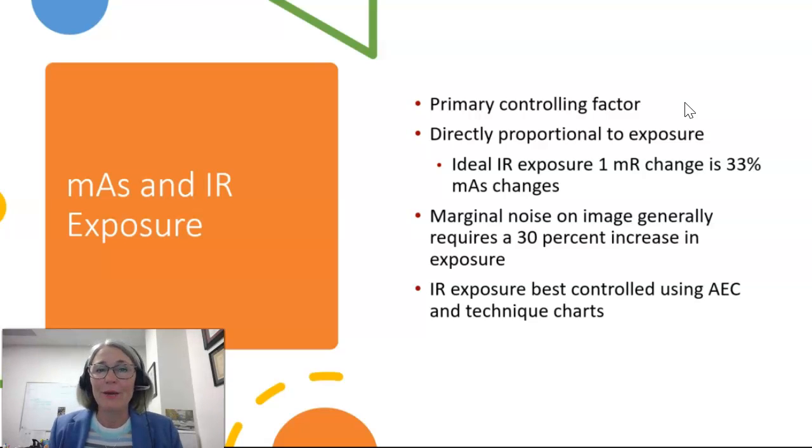Marginal noise on image generally requires a 30% increase. IR exposure best controlled using AEC and technique charts. So make sure your kVp is correct and use AEC to control your mass. It's really, really hard to determine what mass to use on each person. Now we could guess, kind of get in the range, but AEC is going to do it for us. And then with the lookup tables, it's going to fix everything.